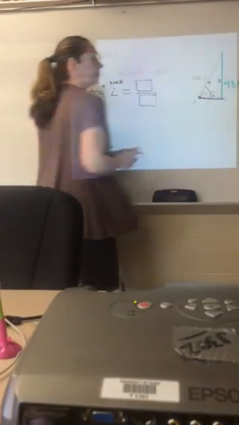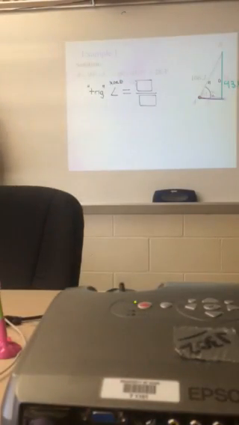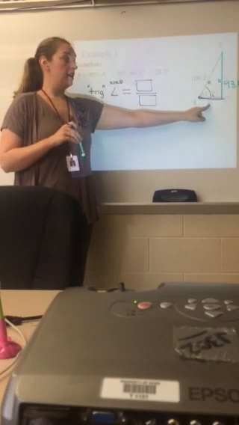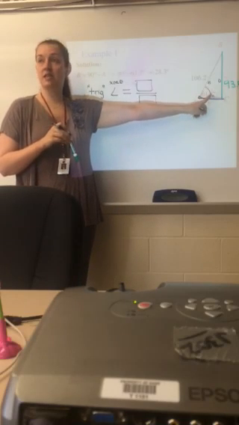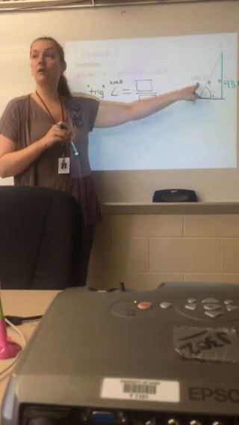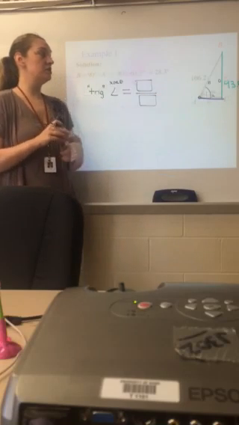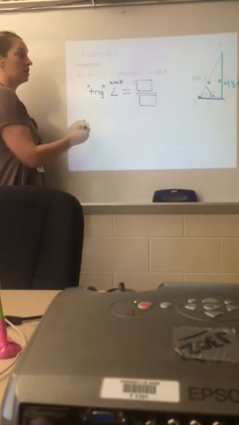Now let's solve for B. Again, use as many given values as you can. B in this triangle is actually the adjacent side. We were given the hypotenuse. What relates A and H? Cosine.